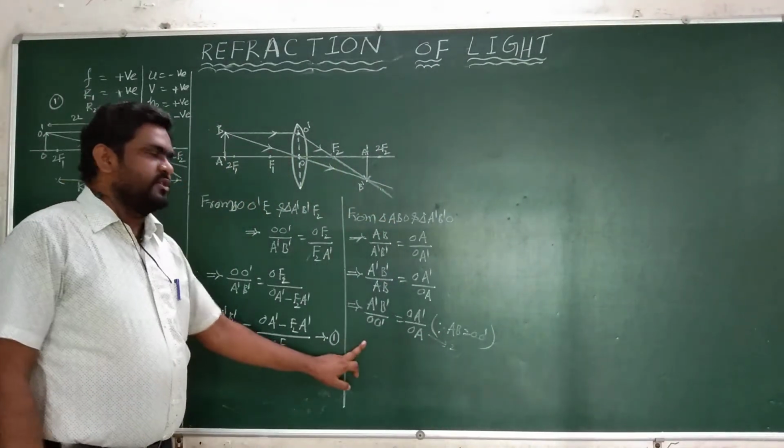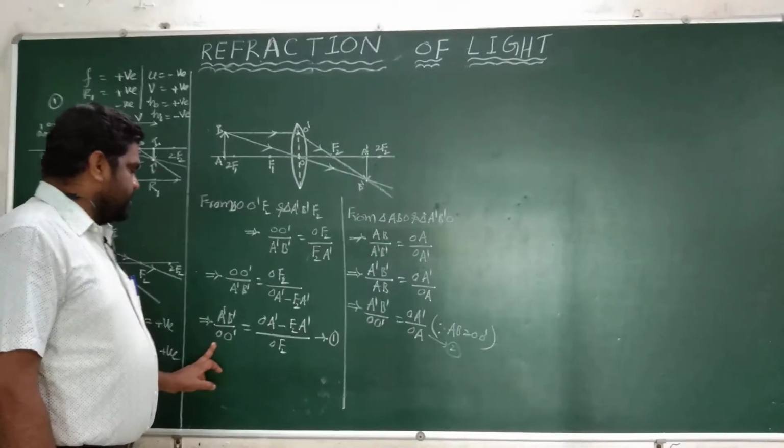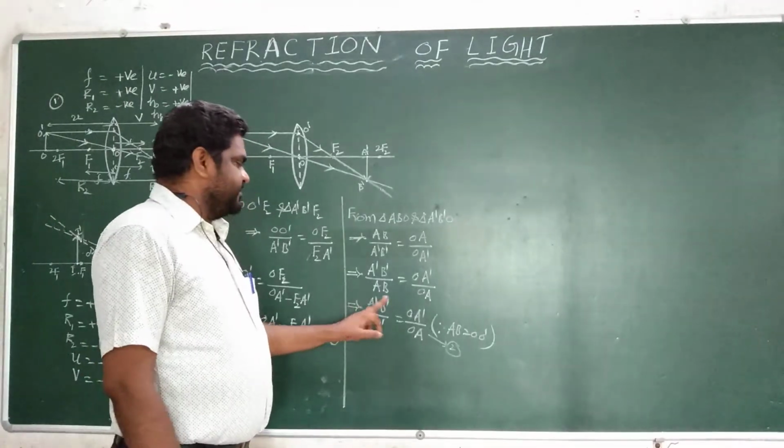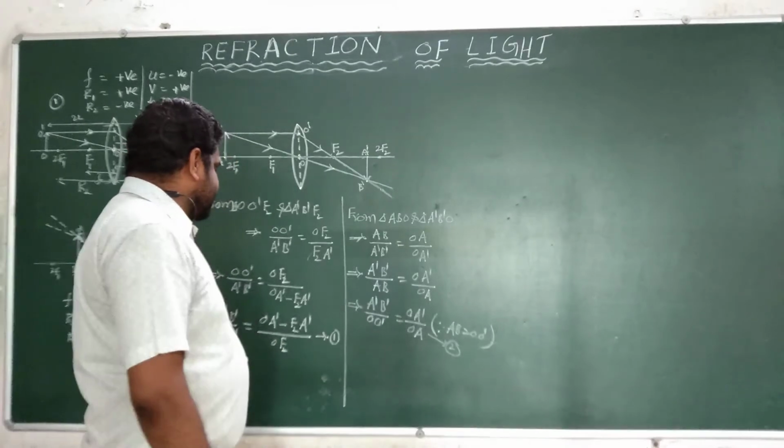From equations 1 and 2, equation 1 gives A dash B dash by O dash, equation 2 gives A dash B dash by O dash, both are represented like this.